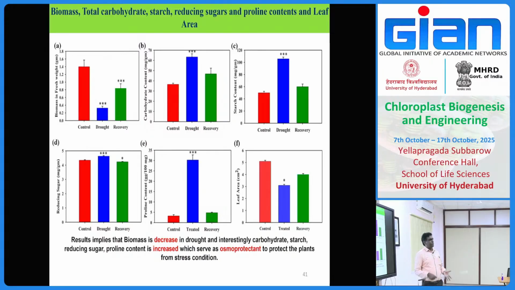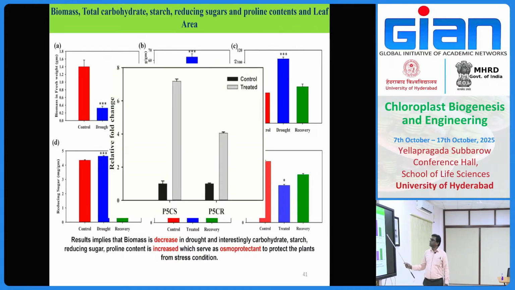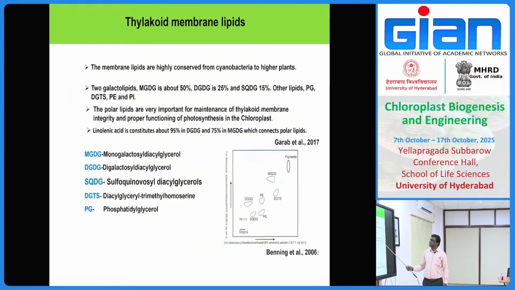It has to increase because it alternatively accumulates more carbohydrates, and starch content also increases, and the sugars, these we have identified, and proline, you see a high amount of proline, maybe 5, 6, 7 folds more. Leaf area is reduced, obviously, when it's getting affected. So we also tested others, they have increased significantly.